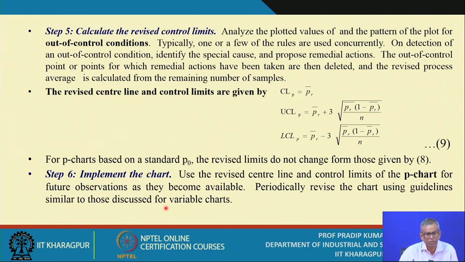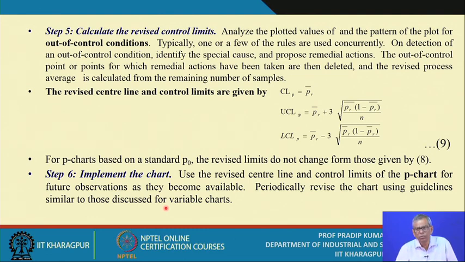On detection of an out of control condition, identify the special cause and propose remedial actions. That means suppose you are dealing with 20 samples or 25 samples. All these sample values will be plotted, and you may find that 2 or 3 sample points are plotted outside of the control limits.